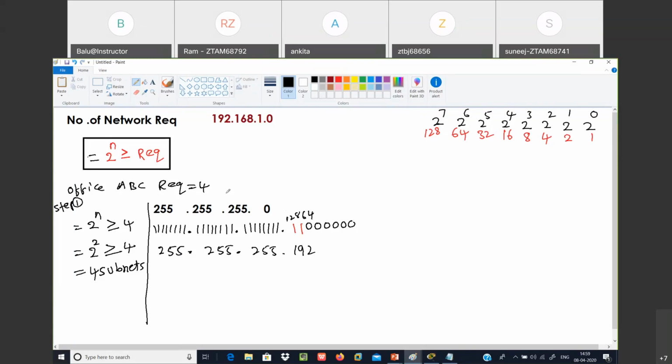Before subnetting we have one subnet mask, which we call the DSM, default subnet mask. Once it's subnetted, customized, we call it the CSM, customized subnet mask. So now we got the subnet mask also. Let's consider it as step 2.